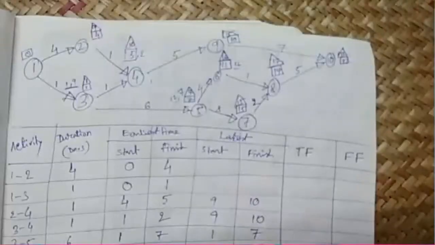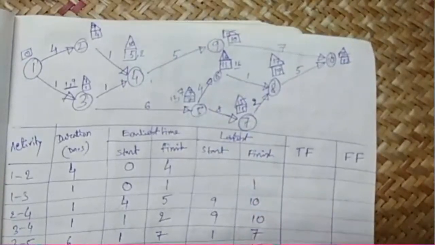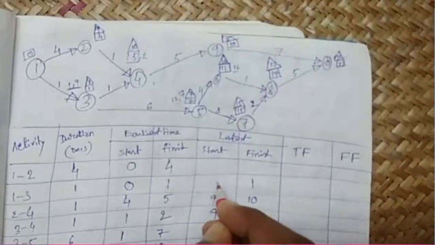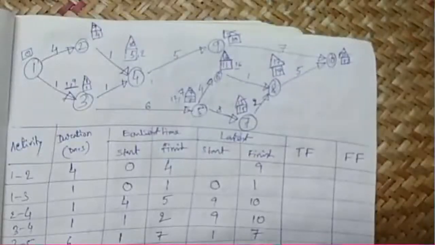Now 1 3 has latest finish 1, so the latest start of 1 3 will be 0. Similarly, 1 2 has latest finish 9, so the latest start will be 5.